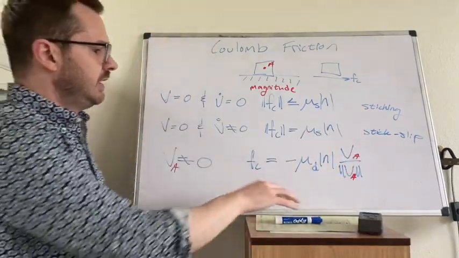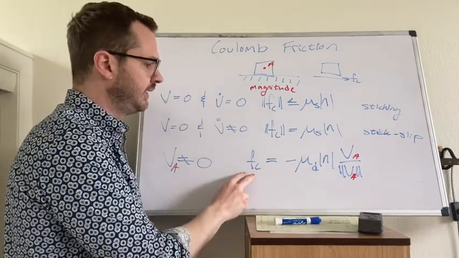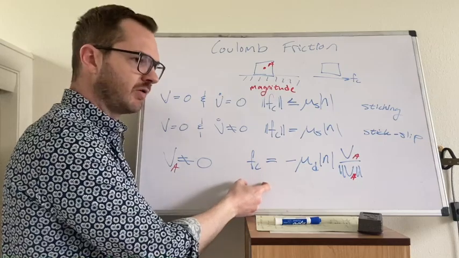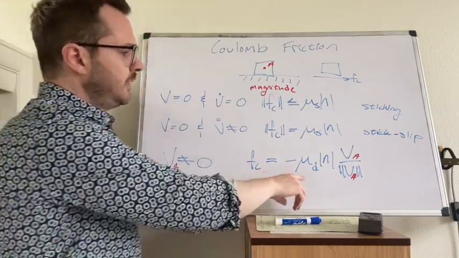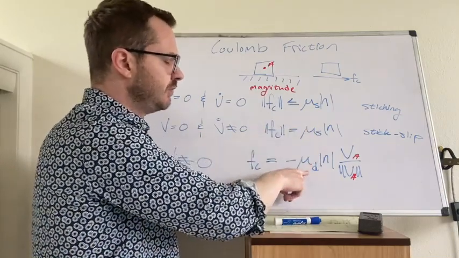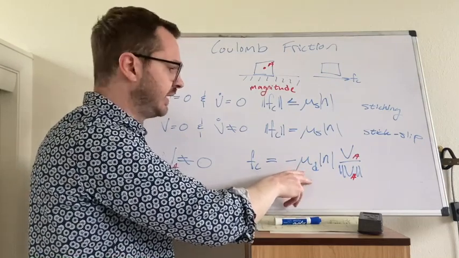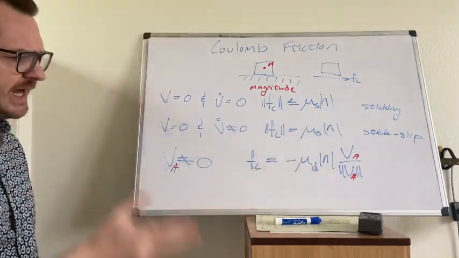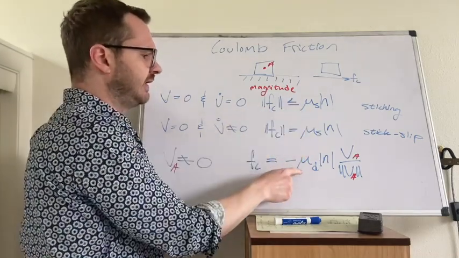All right, let's talk about this claim right here. What exactly does this mean? So I'm not using the bars on the left. I'm saying we want the vector of friction. Mu d is just another coefficient of friction. You might see it as mu sub k. This would be a dynamic coefficient. Mu sub k would be the kinetic coefficient. It's just a different number than static, and it's less.